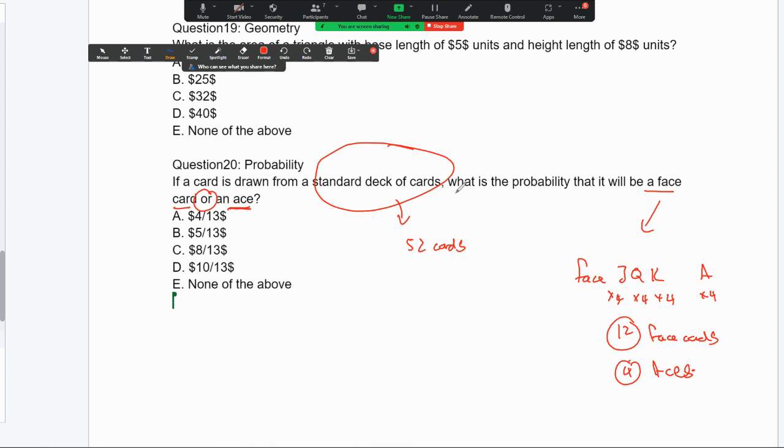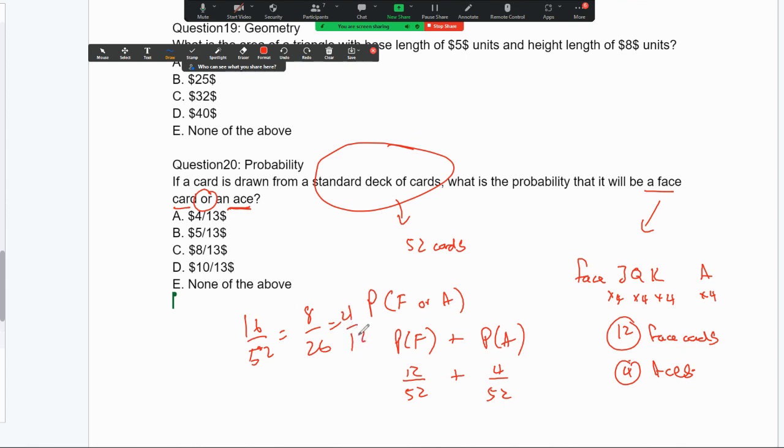The probability it's a face card or it's an ace is the probability that it's a face card plus the probability it's an ace. So that's 12 out of 52 plus 4 out of 52. In other words, 16 out of 52, which is 8 out of 26, which is 4 out of 13.